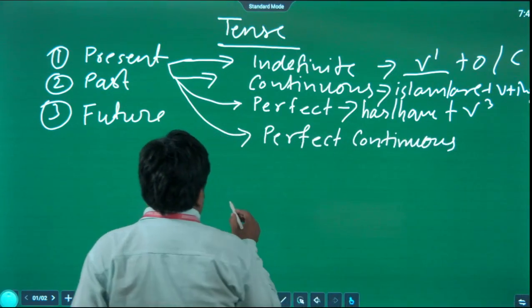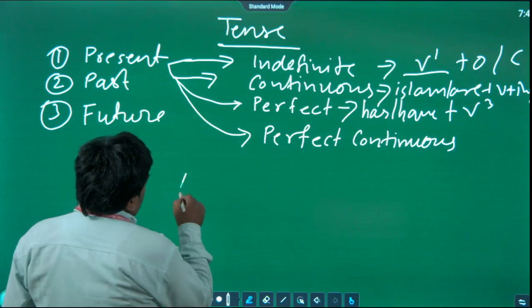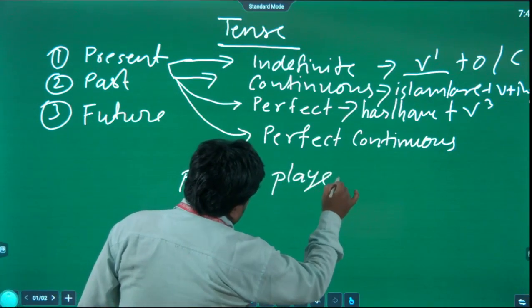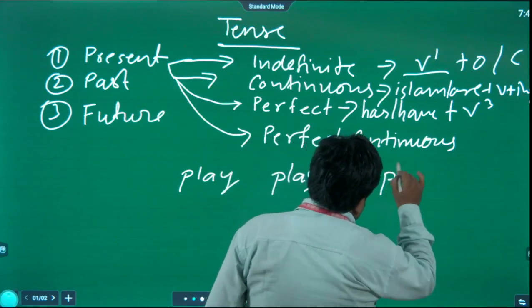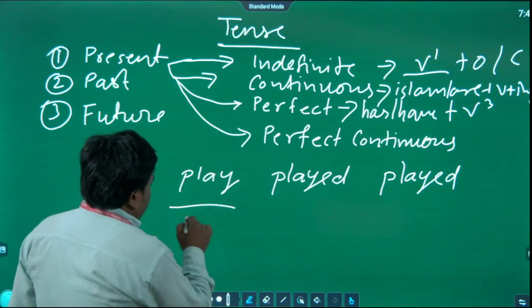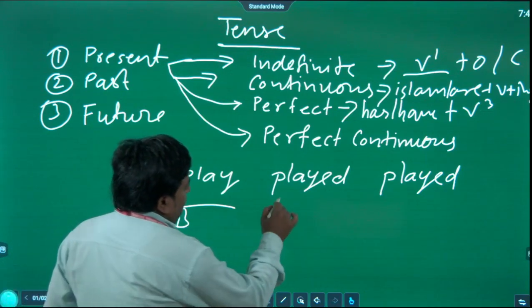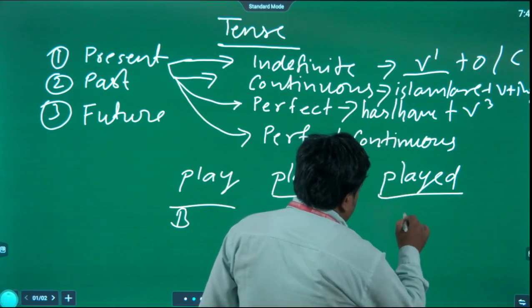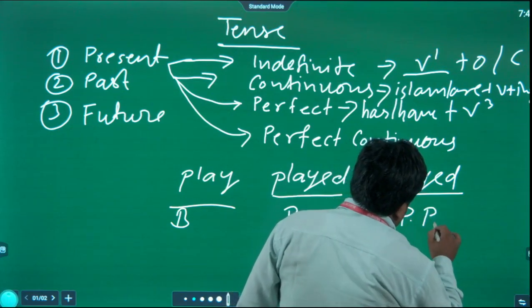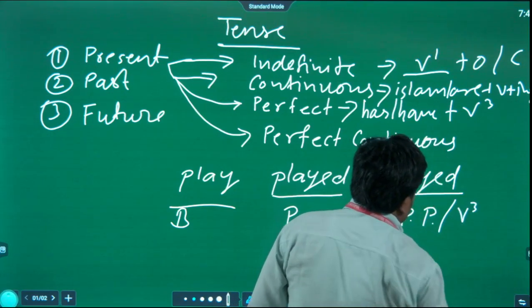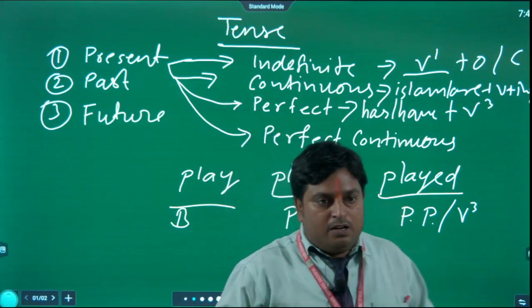Here, for example, play, played, played. Here it is the base form, this is the past form, and the last is the past participle, also known as the third form of the verb.